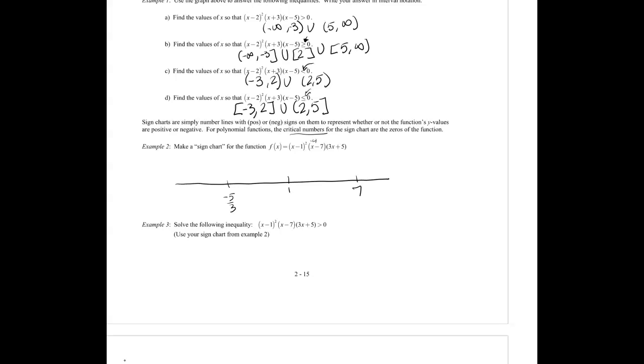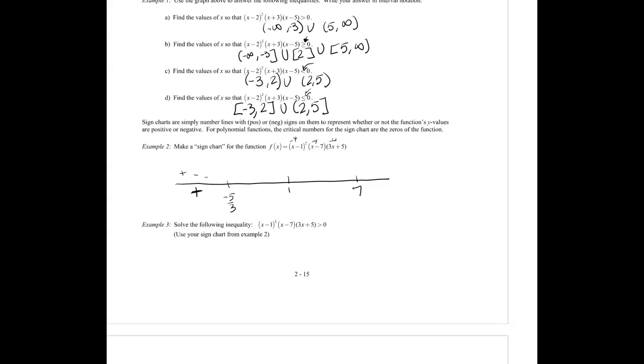If I plug in -4 into each one of these factors, I would get -4 minus 1, which would give me -5 squared, should give me a positive overall. Plugging in -4 for x here, I would get a negative overall. And then plugging in a -4 here, I would get a negative overall there. So a positive times a negative will overall give me a positive for that entire graph piece.